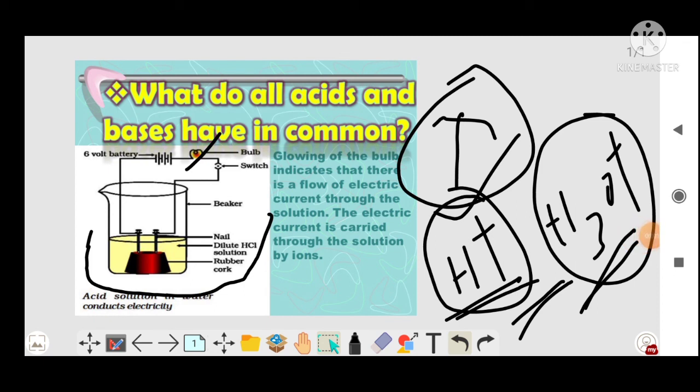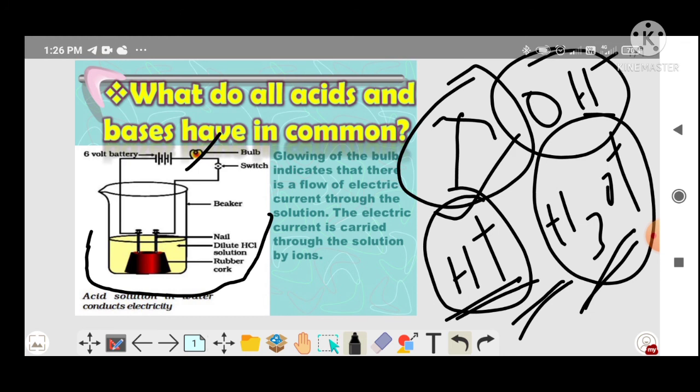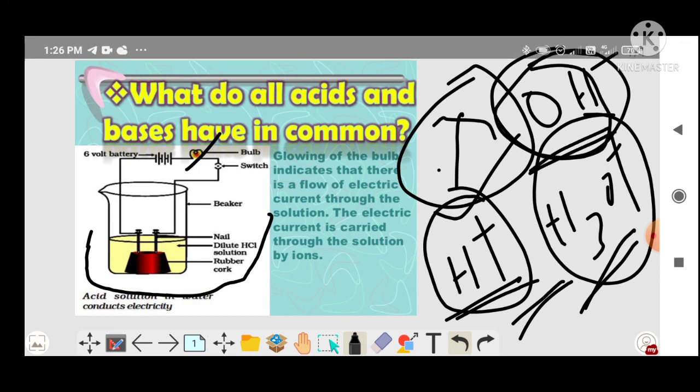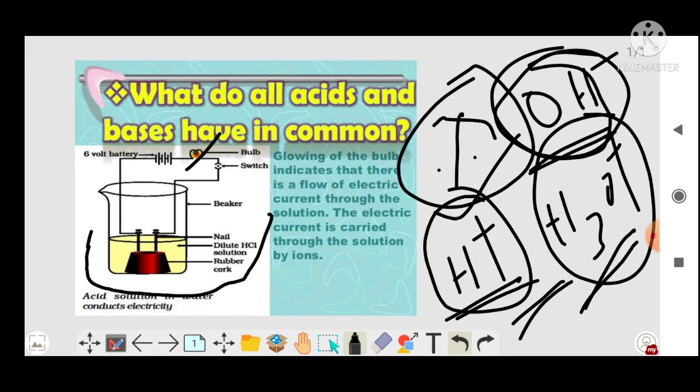What happens to the base solution in water? In the case of a base solution, there is production of OH minus hydroxyl ion. This is an anion, and this also carries electric current, and the bulb glows.